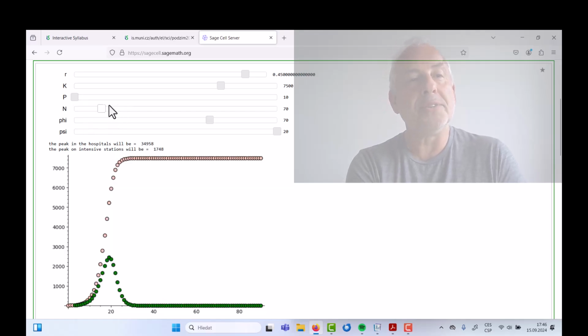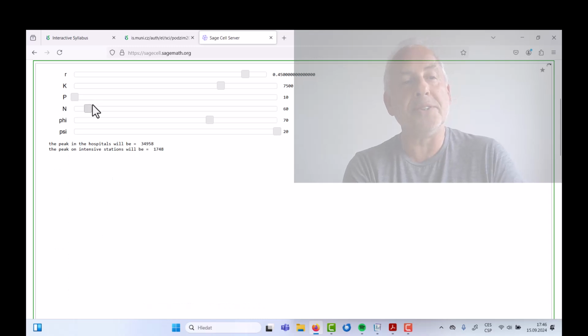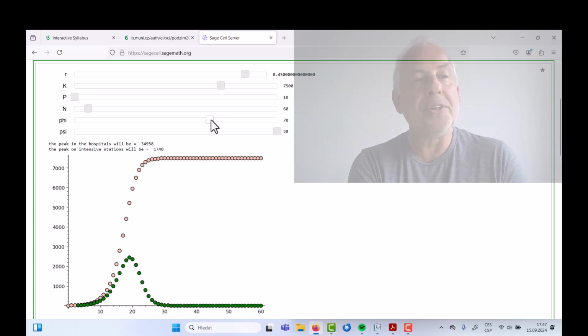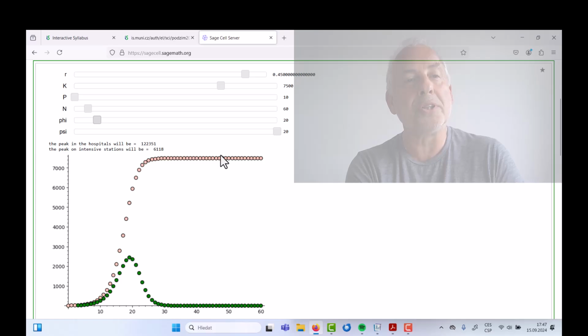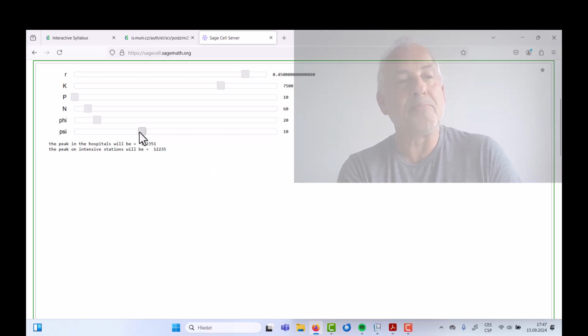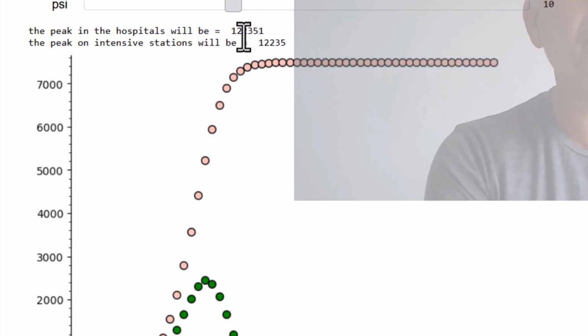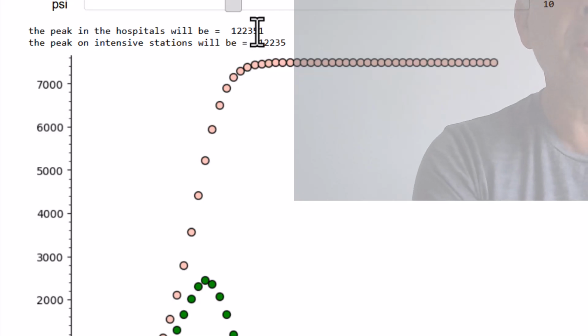I don't need to iterate that long because there is no way to go, right? And of course here it's also much worse because say 1 of 20 would go to hospital and 1 of 10 of those would then go to intensive care, and you see immediately that there are absolutely horrible numbers.